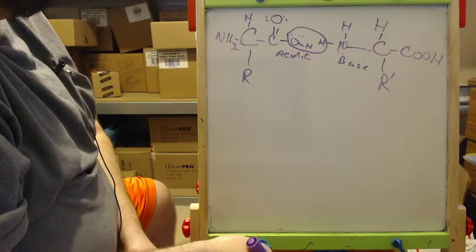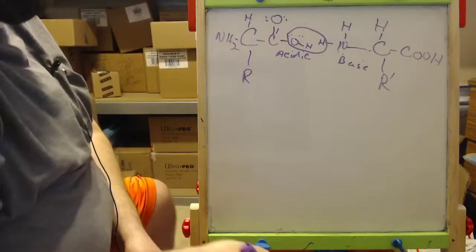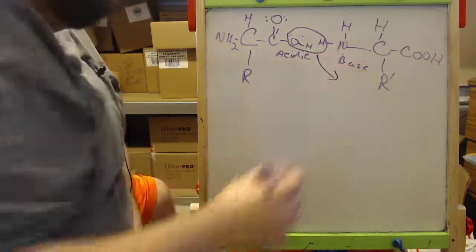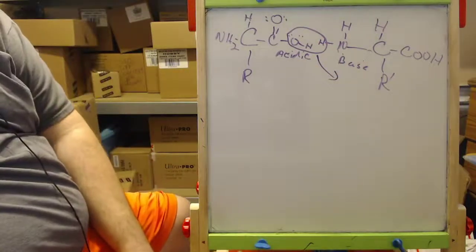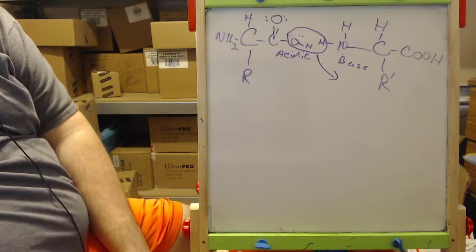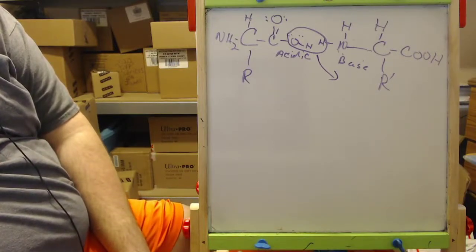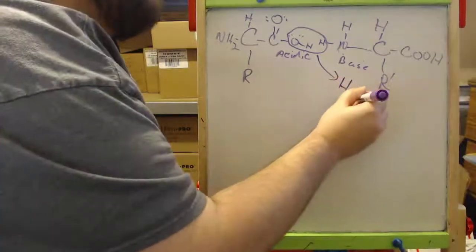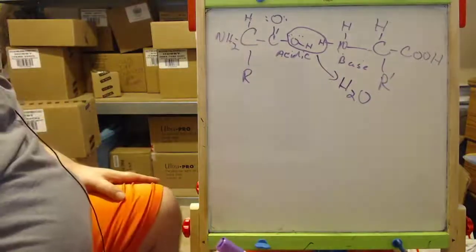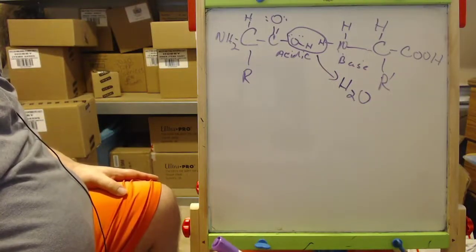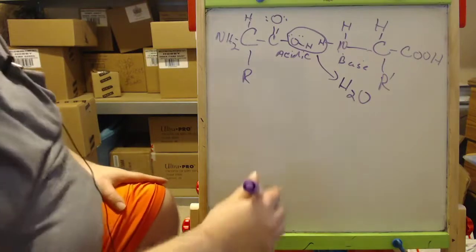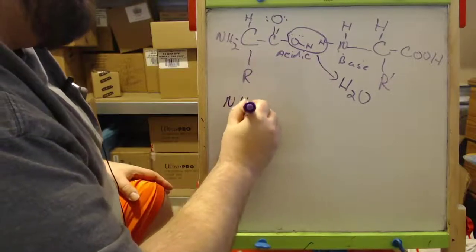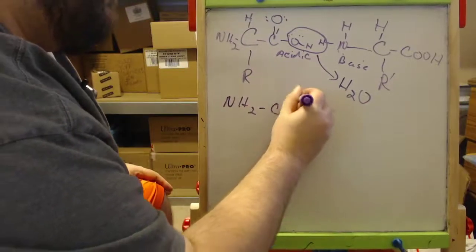It's the OH from my acidic end, my C terminus, and the H from my amine. Drive off water. Water is removed. It's actually a dehydration reaction. We end up with a linkage.